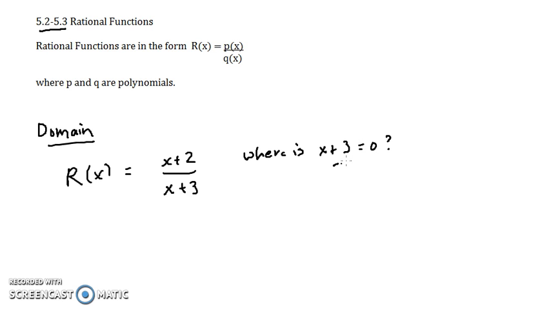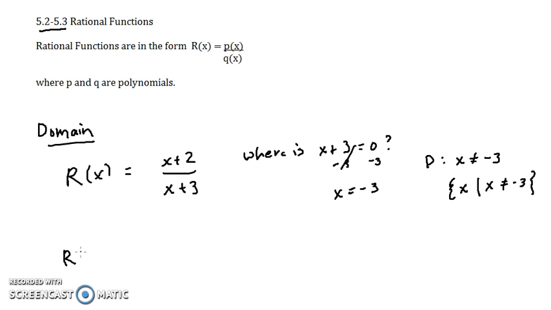So we know for this one, probably just by looking at it, that when x equals -3, we've got a 0 in the denominator, and that's not allowed. So our domain is going to be that x cannot be equal to -3. Or if you remember set notation, x such that x is not equal to -3. Okay, so we did that before. That part should look familiar to you.